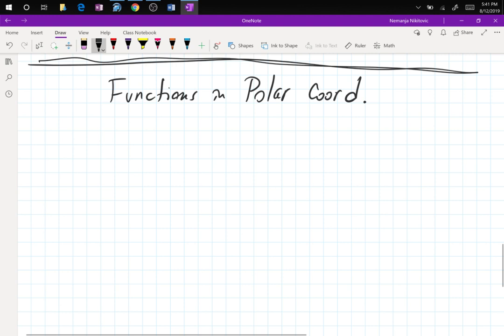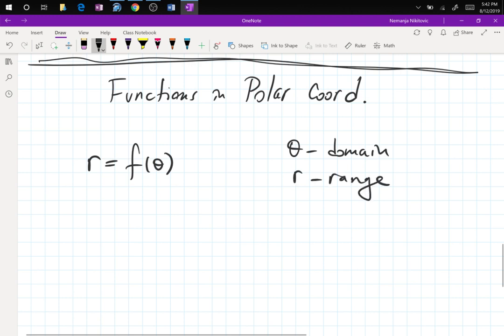So let's start by defining the function as r equal to a function of theta. So we see that theta is the domain, r is the range, and f is the function between them.